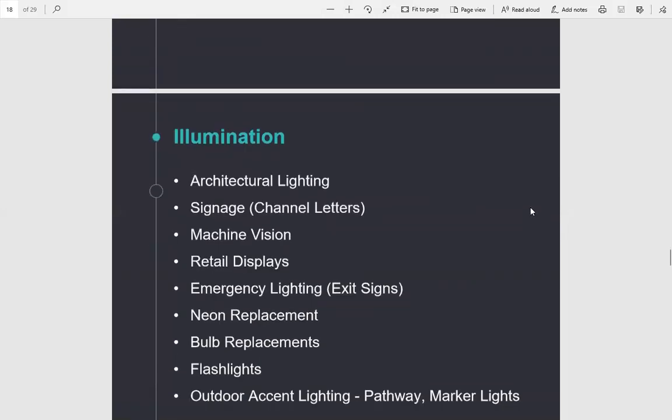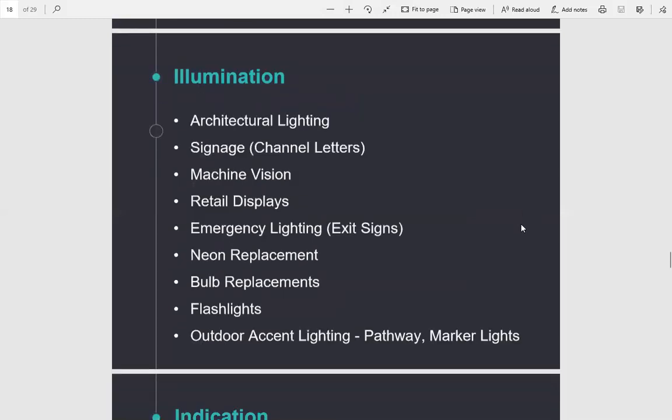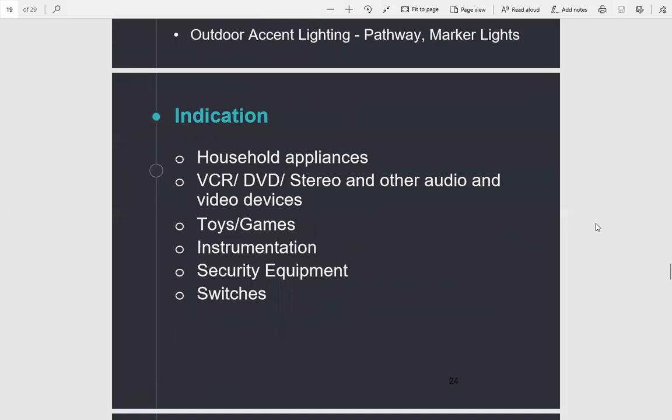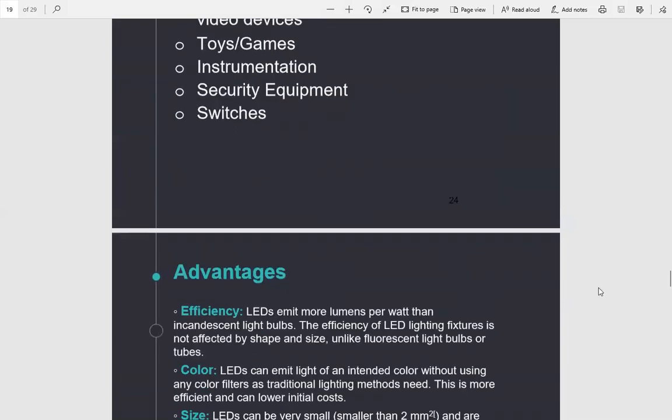The use of LEDs in illumination is such as architectural lighting, signage, that is channel letters, machine vision, retail displays, emergency lighting, that is the exit signs, neon replacement, bulb replacements, flashlights, outdoor accent lighting, that is pathway marker lights, etc. Indication: it's used for indication purposes in household appliances, VCR, DVD, stereo and other audio and video devices, toys or games, instrumentation, security equipment, switches.